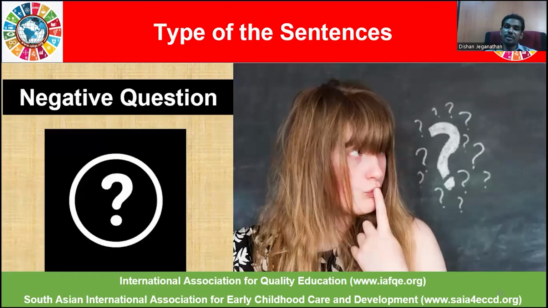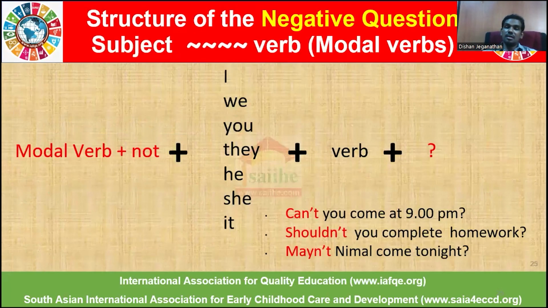Moving on to negative questions. Similar to the positive questions, the structure remains the same, except that for negatives, we add a not. So it will be modal verb plus not, subject, plus the main verb. And as we have discussed in our previous lessons, you make use of contracted forms while making negative questions.